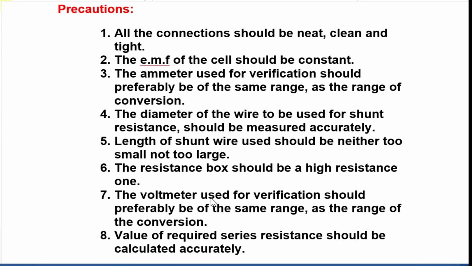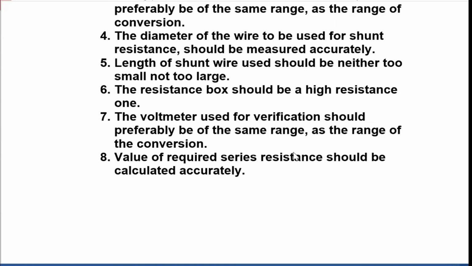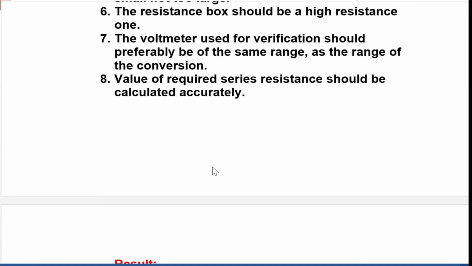Length of shunt wire used should be neither too small nor too large. The resistance box should be a high resistance one. The voltmeter used for verification should preferably be of the same range as the range of the conversion. The value of required series resistance should be calculated accurately.